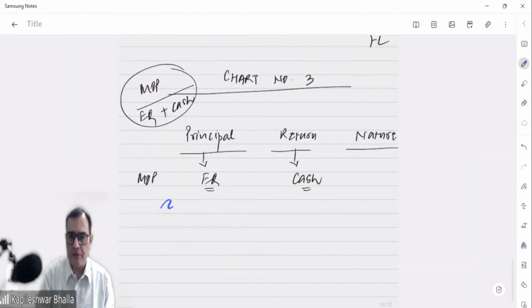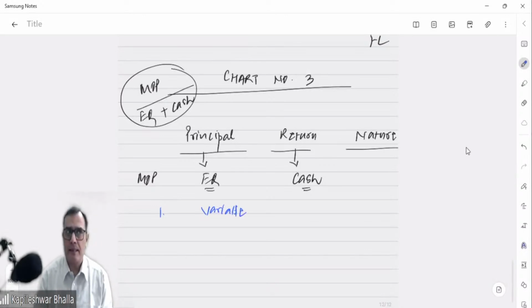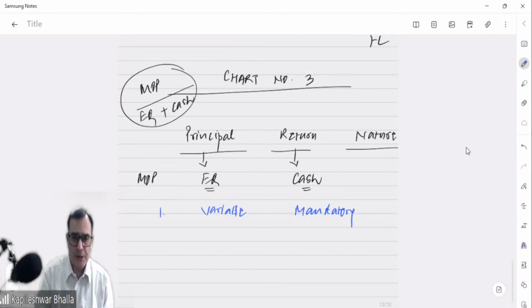Now let's consider the first one, that the principal is going to be paid in a variable number of equity shares, and the return is going to be paid, which is mandatory. So there is a mandatory return and there are variable equity shares to pay off the principal. If there is a variable number of equity shares, it becomes a financial liability.